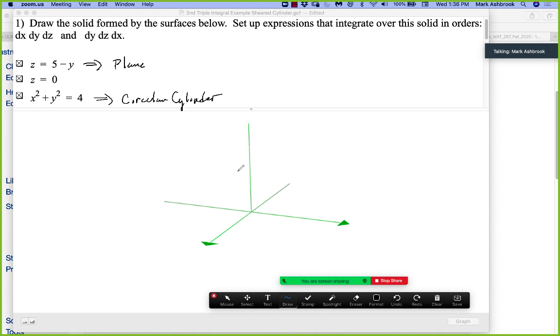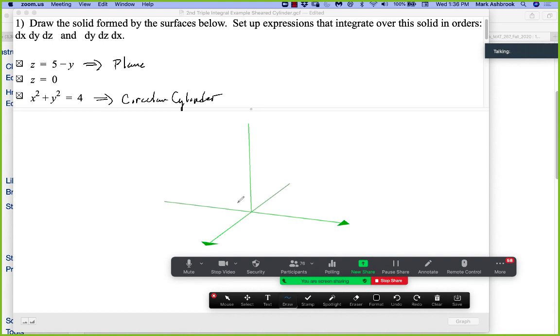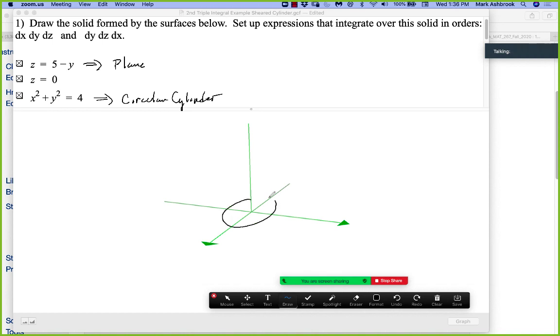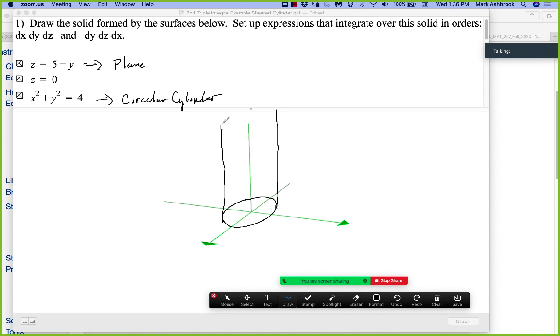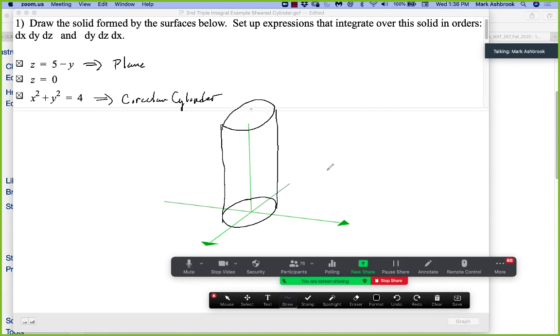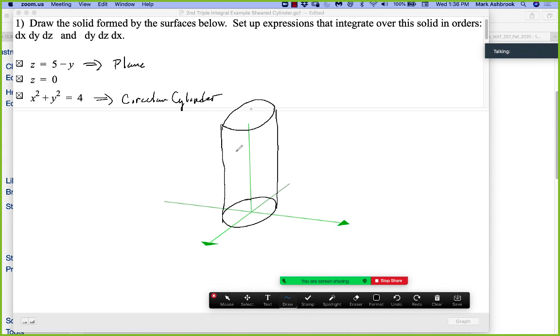Extending in the x direction. So it's going to be radius 2. Like that. And then z equals 5 minus y. So what is that? We can start with a line in the yz plane. Here's y.